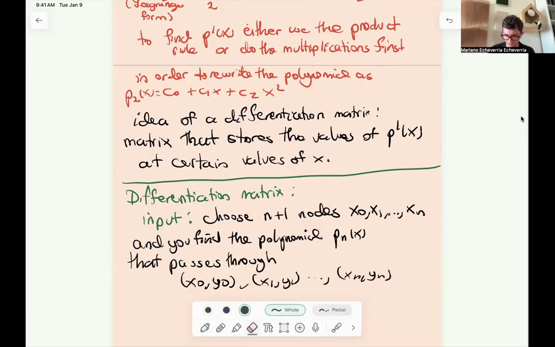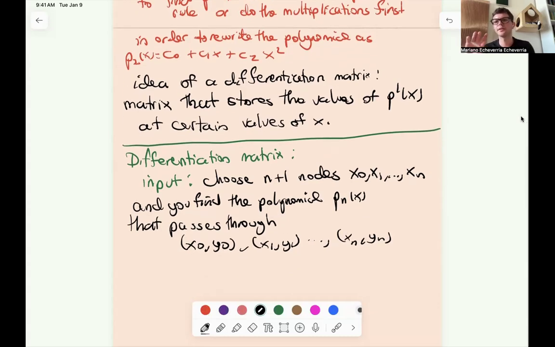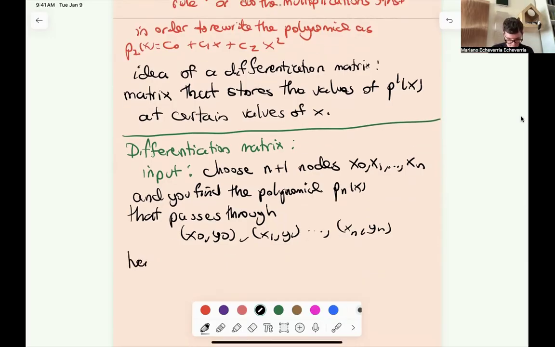Just for clarity, at this stage in this setup, you're thinking of the nodes as fixed, known numbers, but you don't give specific values for y0 up to yn.